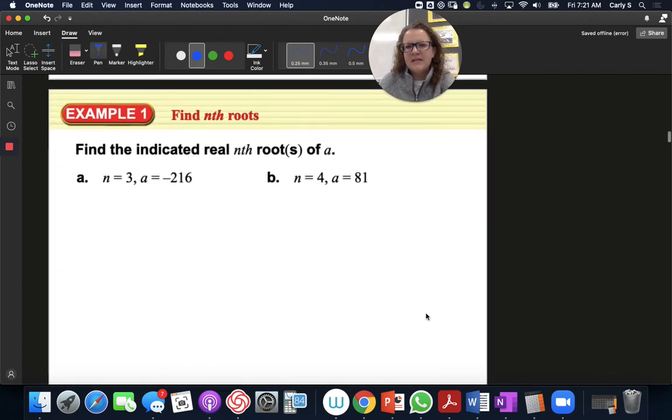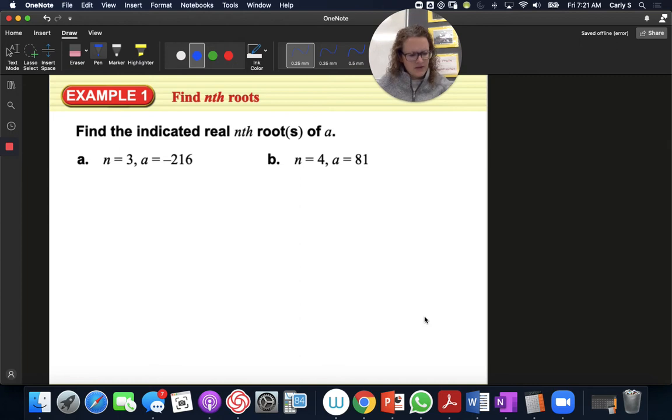All right, find the indicated real nth roots of a. When n equals 3 and a equals -216, that's what we're doing, all right? So I have one real cubed root.